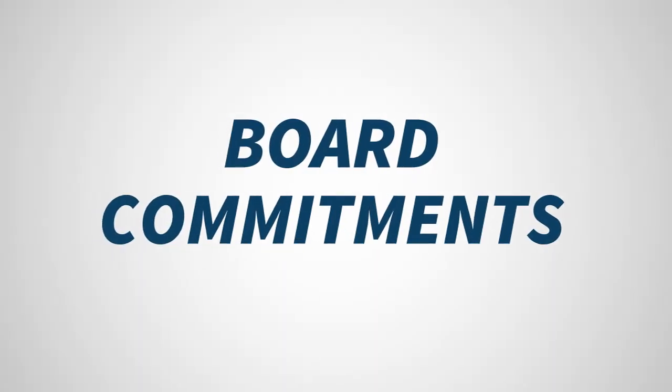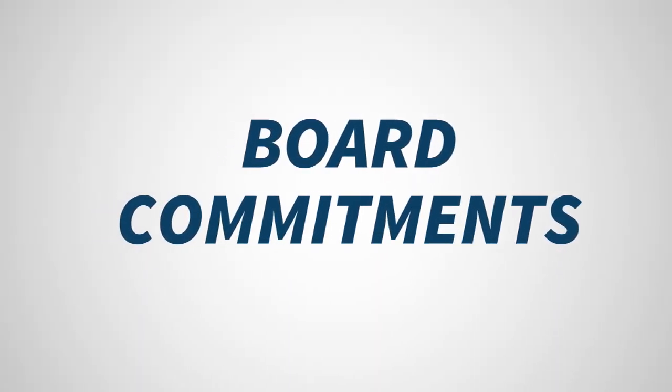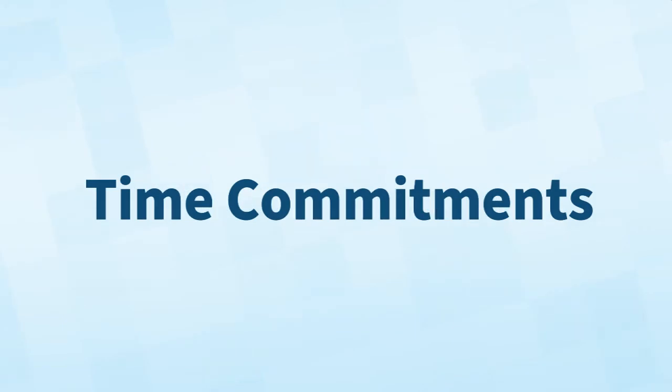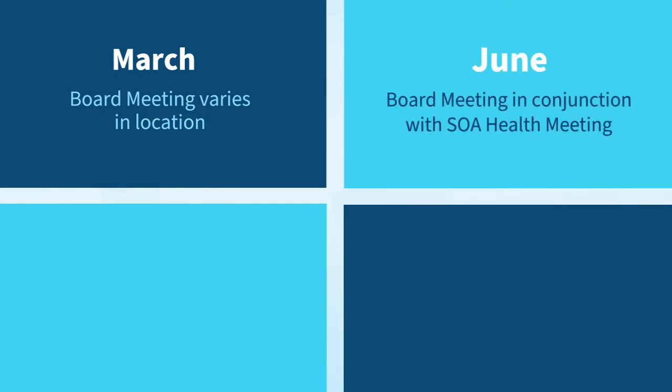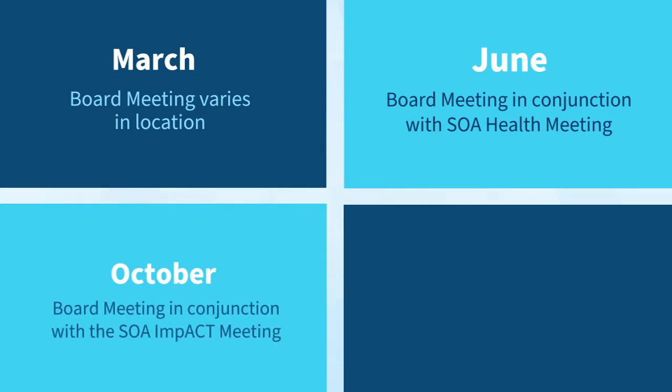What am I getting myself into? Like any SOA volunteer, it does take some time. And what does it take? Well, there are 4 board meetings a year. There's one in March, and that varies in location every year. There's a June board meeting that's in conjunction with the SOA health meeting. There's an October meeting held in conjunction with the SOA impact meeting and exhibition.